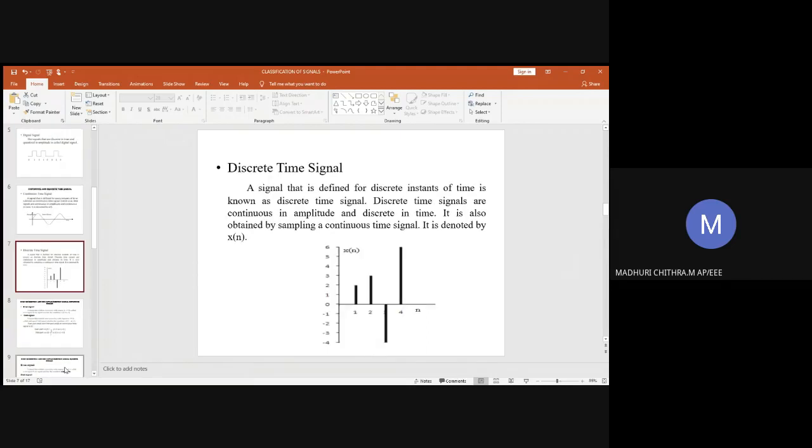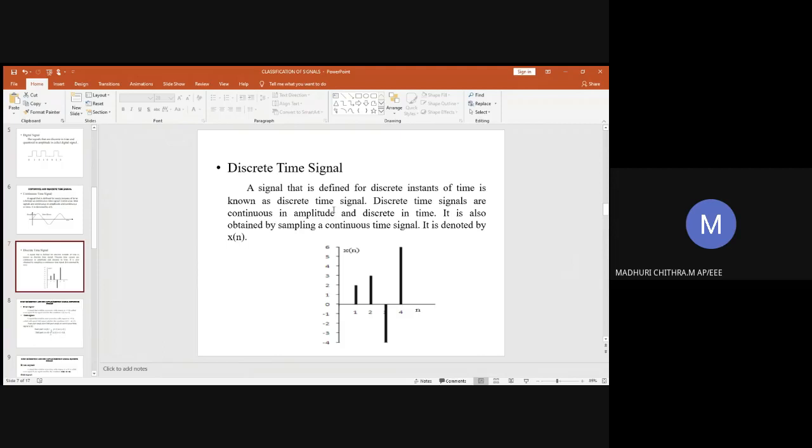Next, the discrete time signal. The signal is defined for discrete instants of time, so it is not continuous. From this waveform itself, we can see that x of 0 has the value 1, x of 1 the value 2, x of 2 the value 3, x of 3 the value -4, x of 4 the value 6.